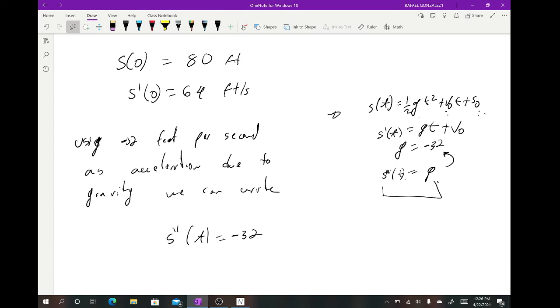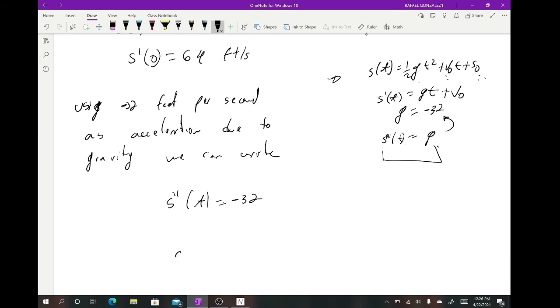This is the acceleration. If we want to find the velocity, because remember we're going up to position, then I have to take the integral of s double prime of t. We have to take the integral of what came before it. Also notice that I'm using dt because that's the variable that I'm integrating with respect to.